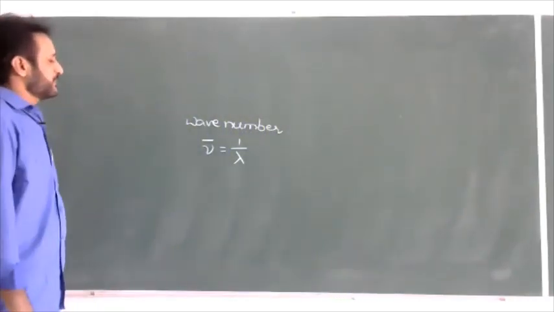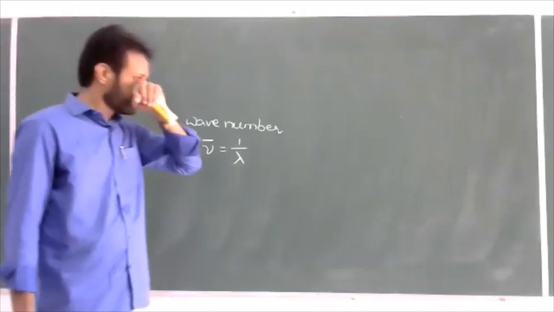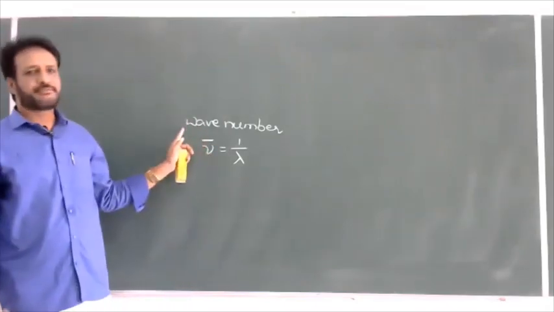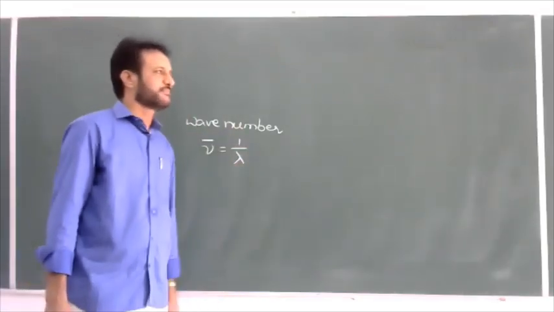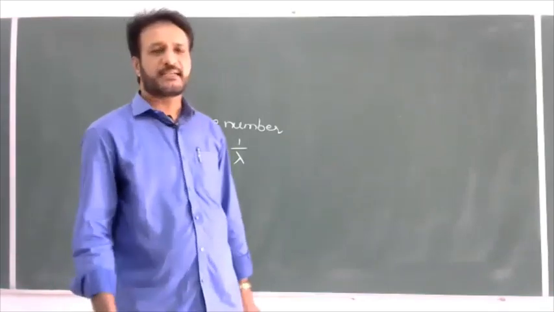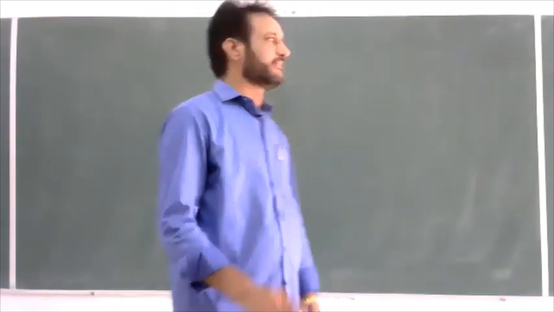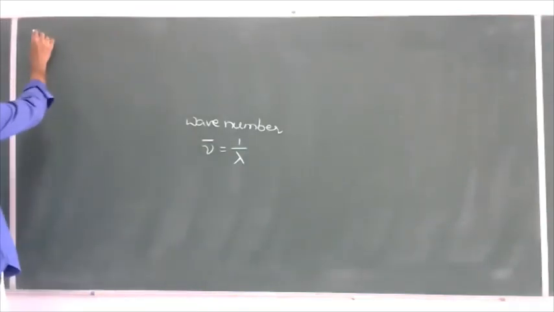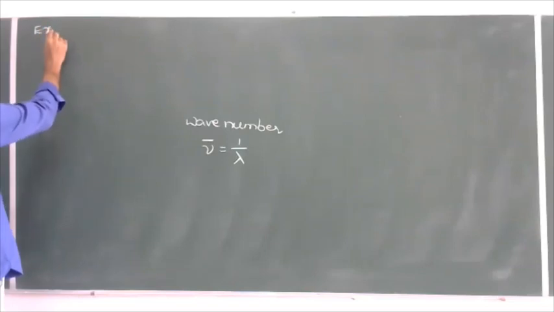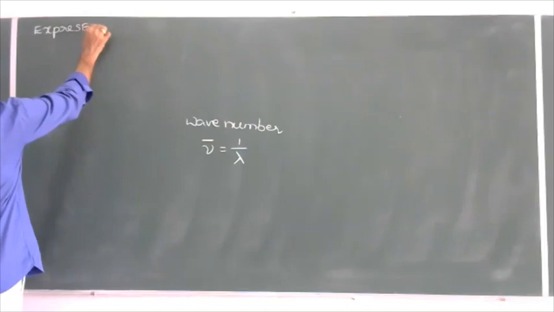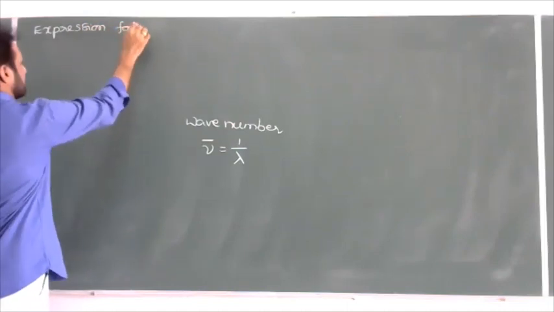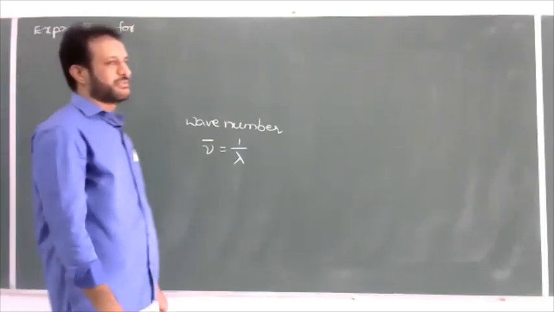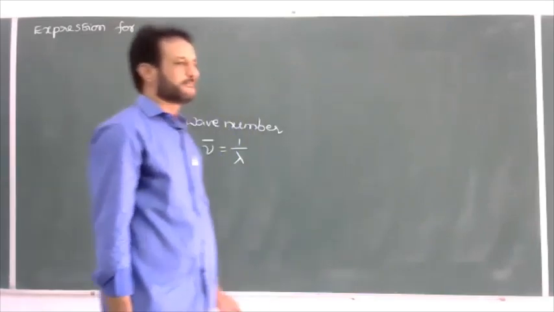And one more point. The number of spectral lines per unit length is called wave number.